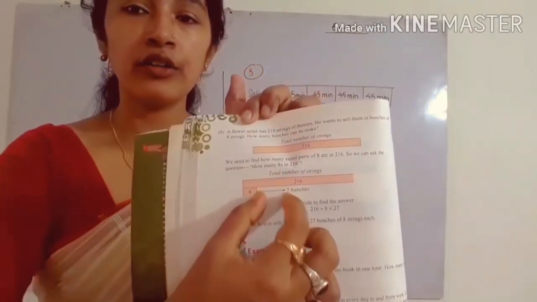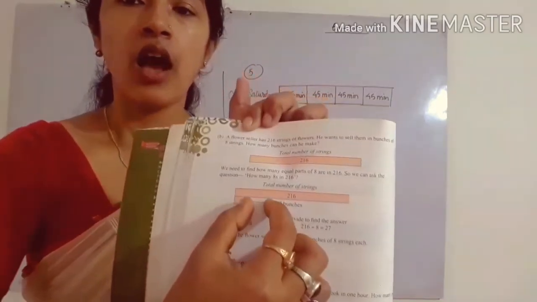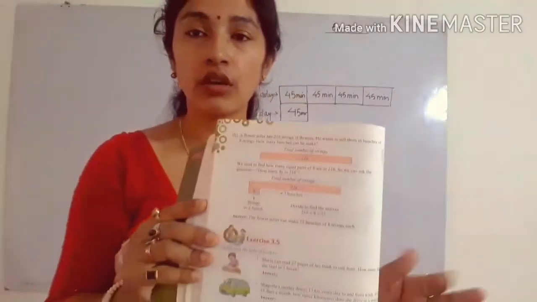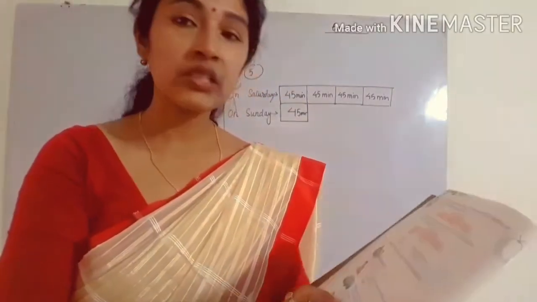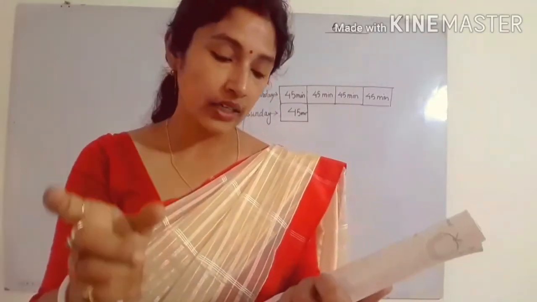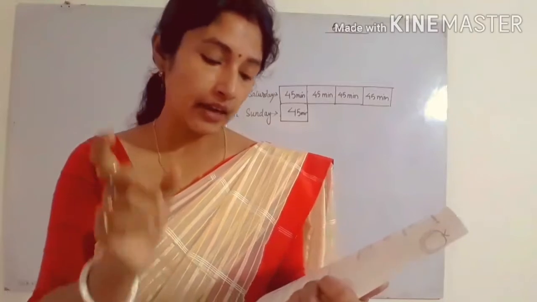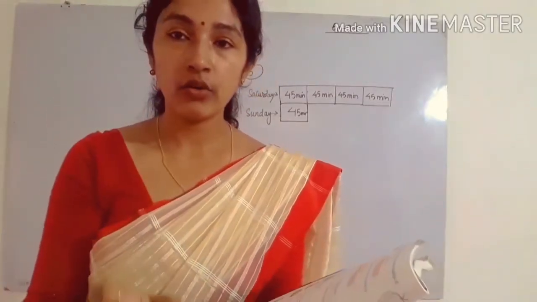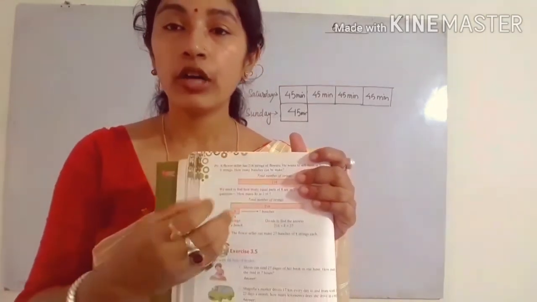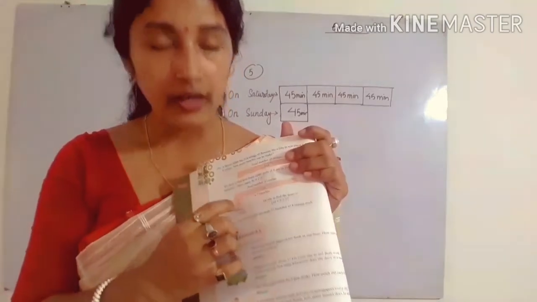That means you need to find the quantities, that is, how many boxes there will be. But in our previous question, question number 3, the quantity of desks was given, and the total cost of the 5 desks was given. Here this question is just the opposite. In this question the quantity is not given, the number of small boxes is not given, but in one bunch there are 8 strings.